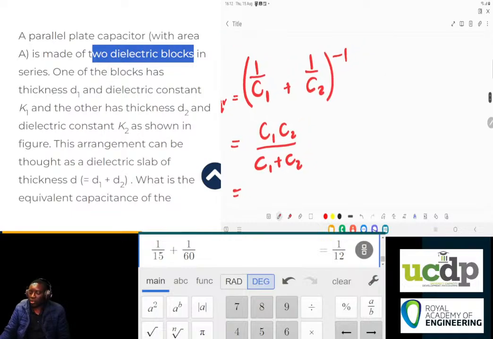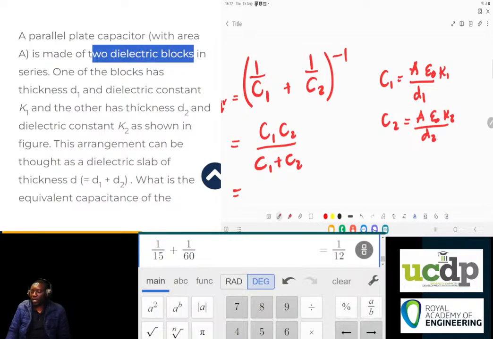But the question is, what is C1? It is A E naught K1 over D1. A is the same, so I'll remove the subscript. And C2 is A E naught K2 over D2.